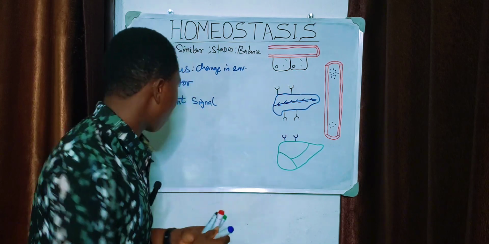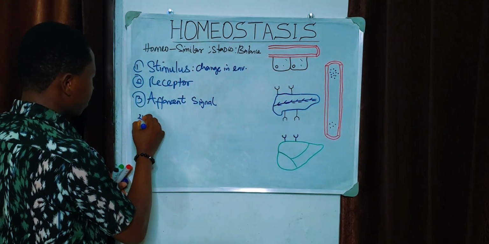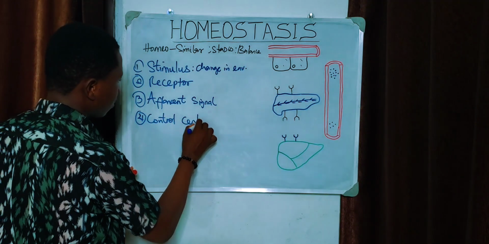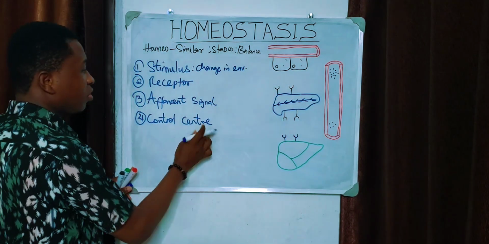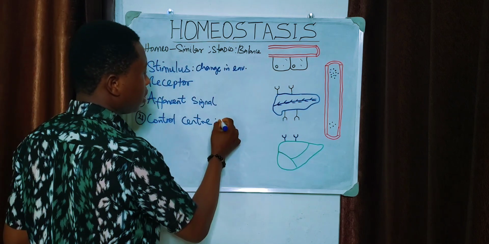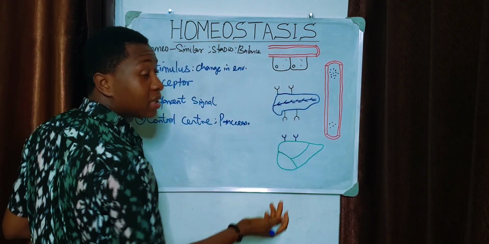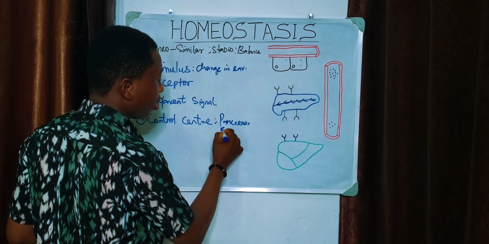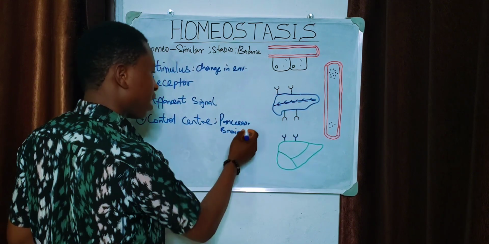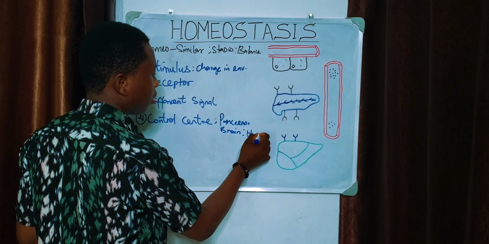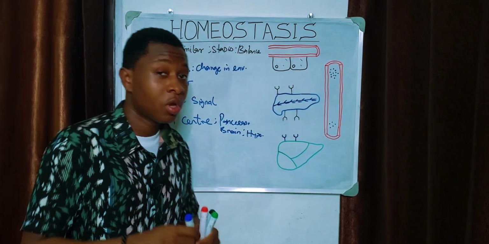So that brings us to our next component, which is the control center. Most times, this control center could be the pancreas, like in this case. It could also be the brain, and more precisely, the hypothalamus of the brain.